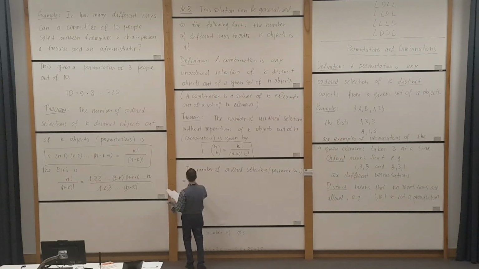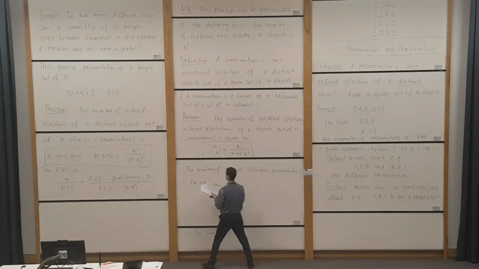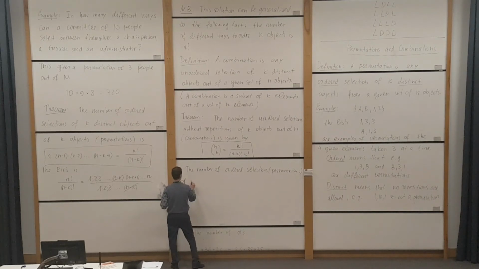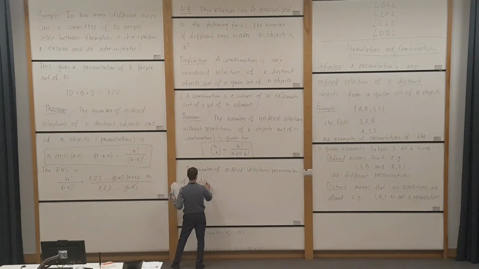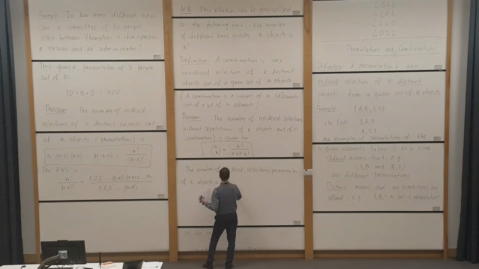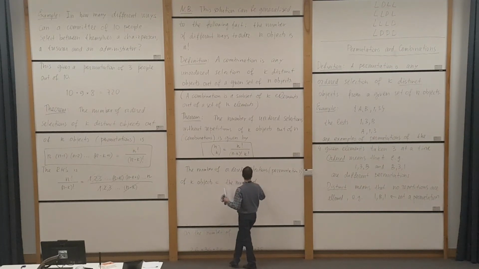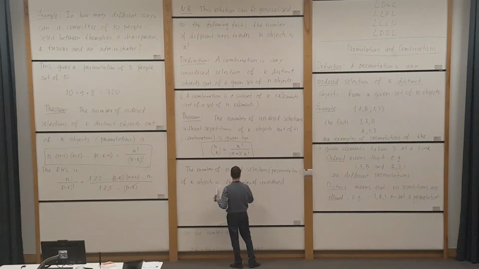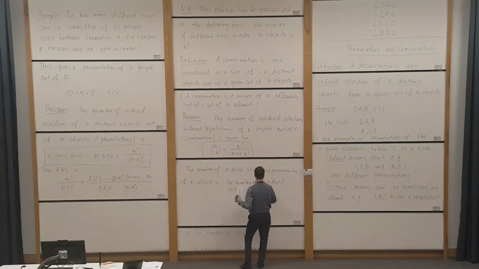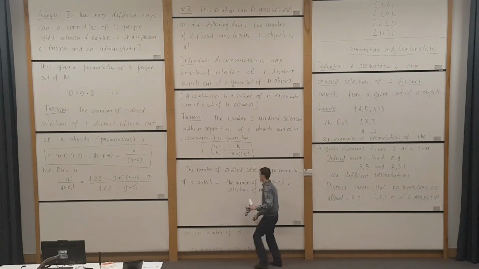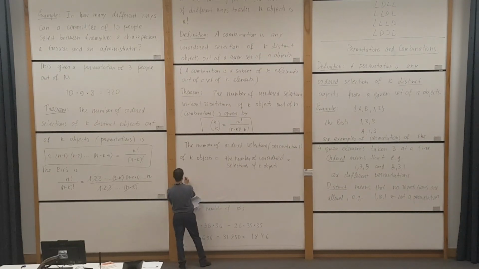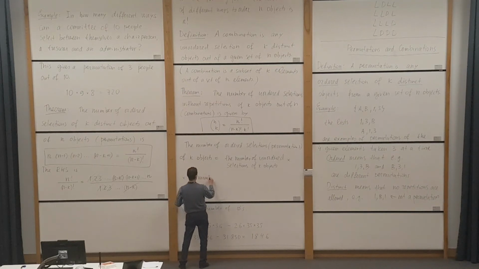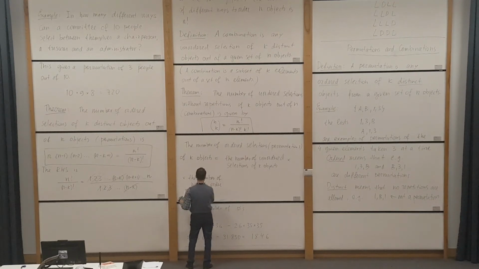So the number of ordered selections of k objects equals the number of unordered selections of k objects times the number of ways to order k objects.